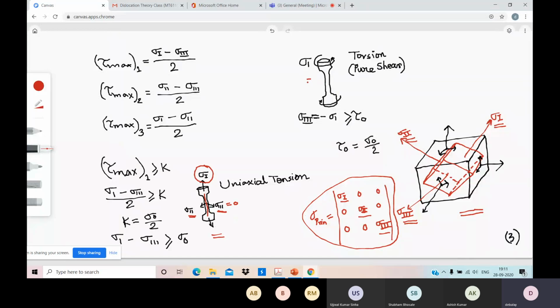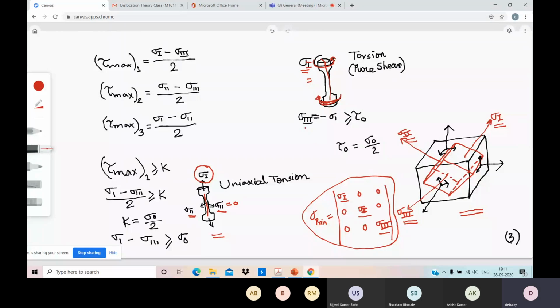Similarly, as I said, in torsion we apply one rotation. It is called pure shear loading. The entire loading is shear. So here, if I consider the radial planes, I find there are two major principal components, sigma Roman 1 and sigma Roman 3.